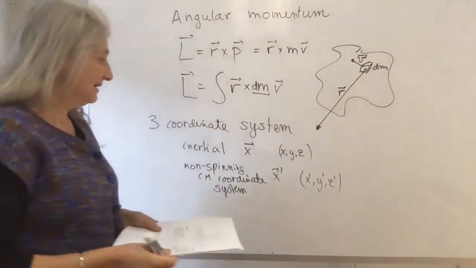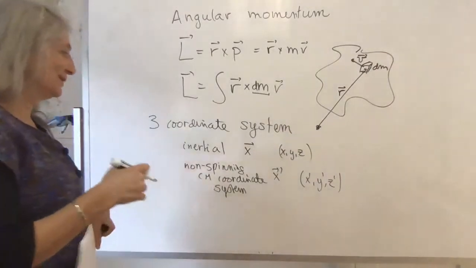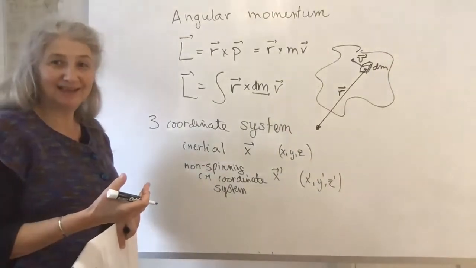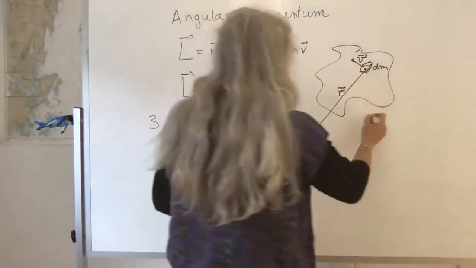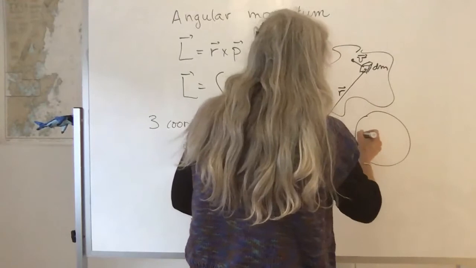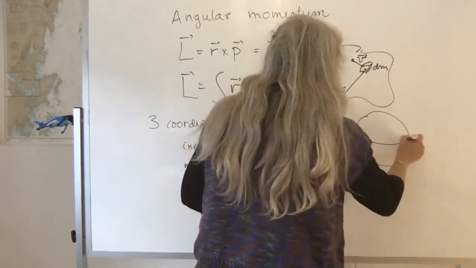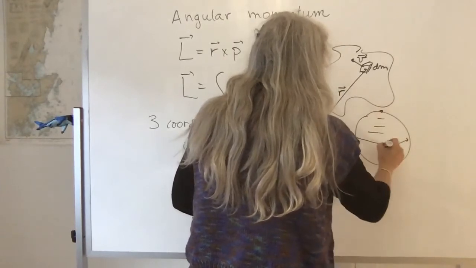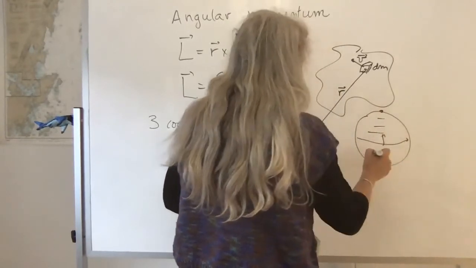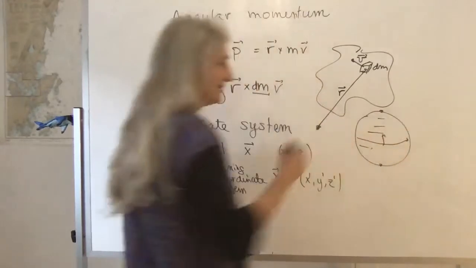And then the last coordinate system we're going to have is with respect to the body itself. So I drew kind of a blob here, but think of the Earth, and we have latitude. This is the North Pole and the South Pole. So in this direction you specify latitude, and in this direction you specify longitude.